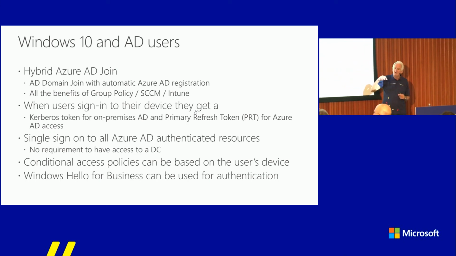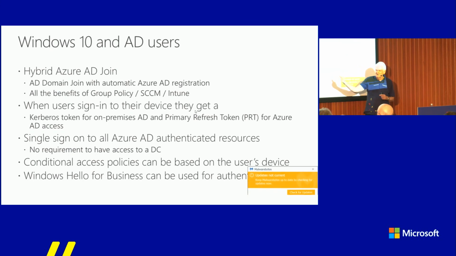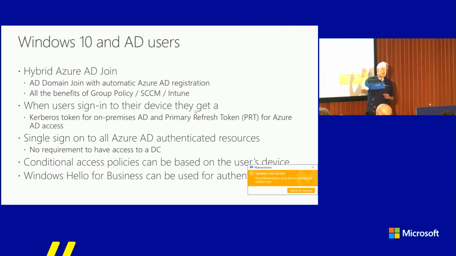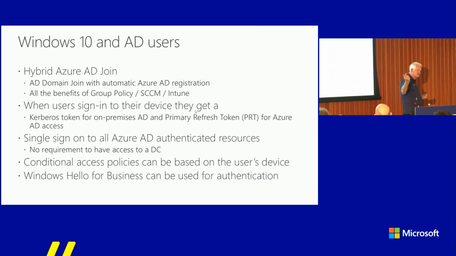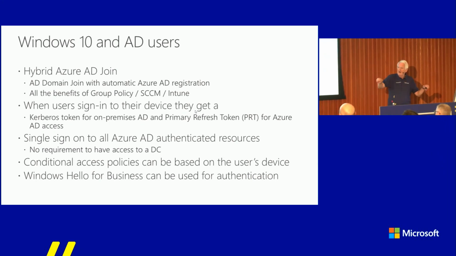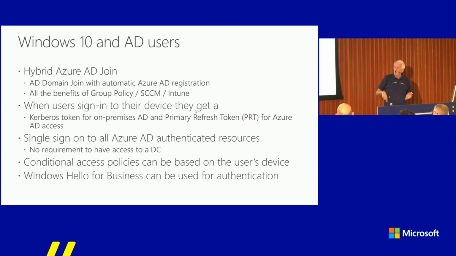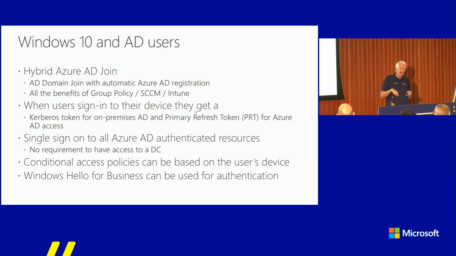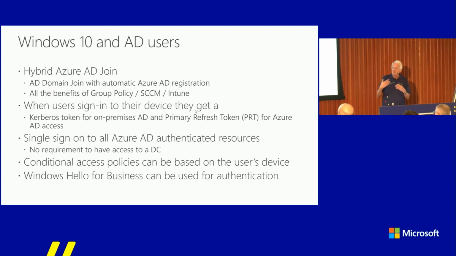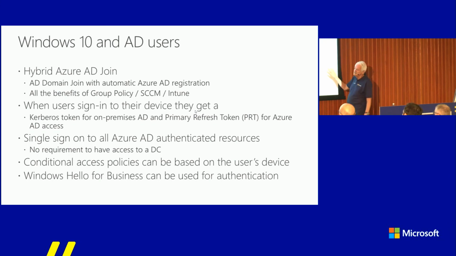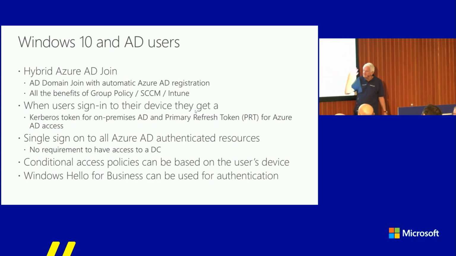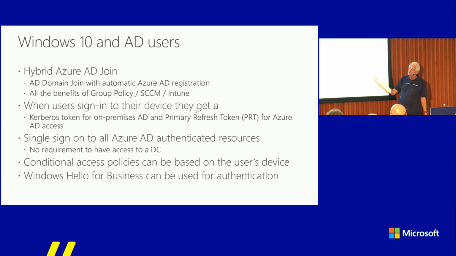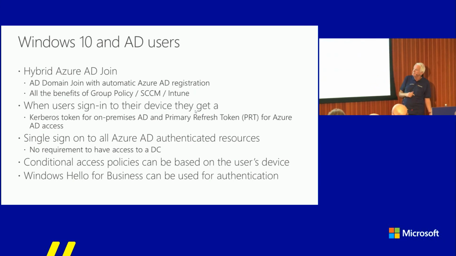And when I log in, what I will get is a Kerberos token for on-prem access, and I will get a primary refresh token, which will now allow me access to all of the Azure protected resources. So I will have true single sign-on on-prem and also into Azure. So I just wanted to mention that was there, and conditional access policies based on users' devices, and also the ability to do Windows Hello as well.